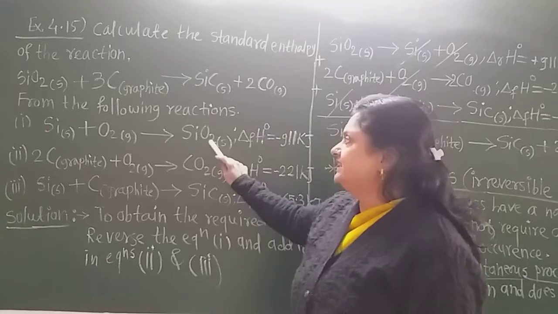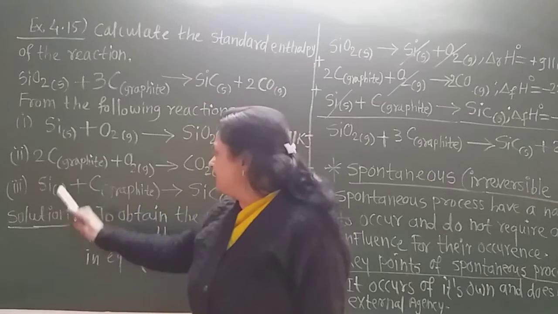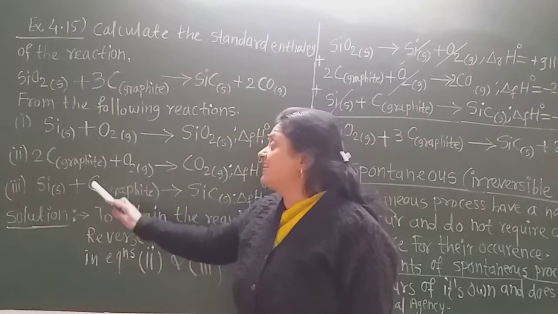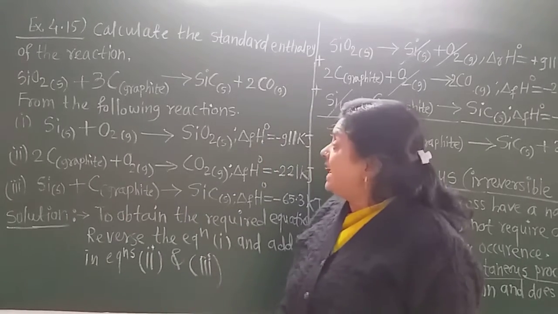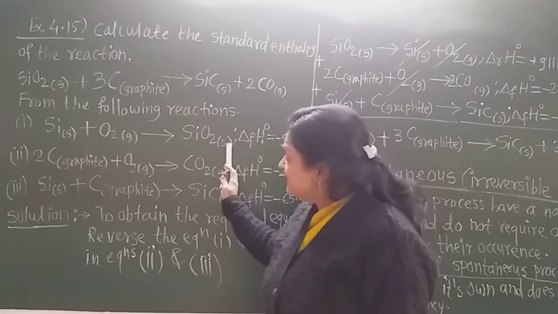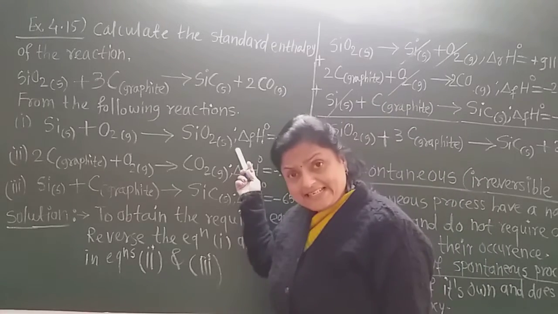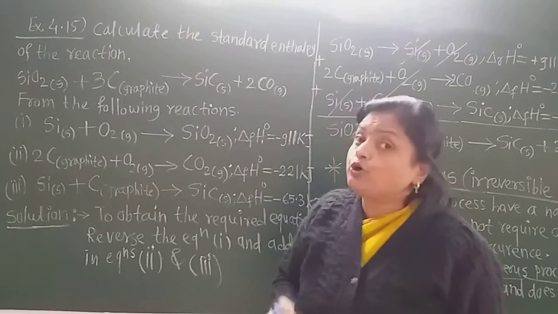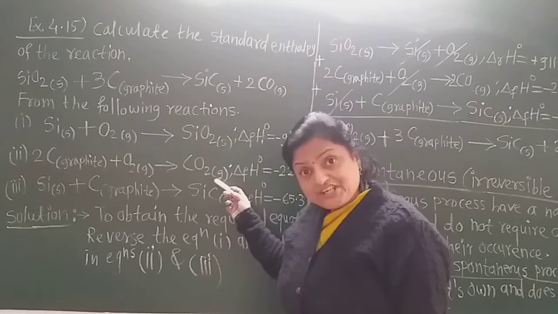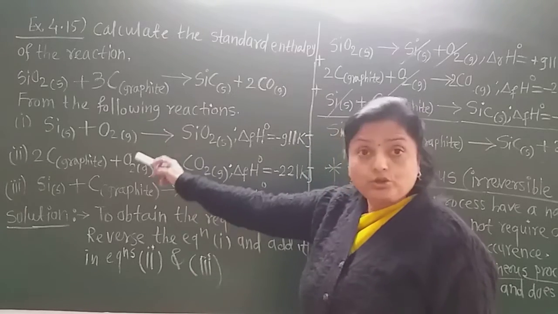SiO2 solid is in the first equation, and graphite is 2 in the second and 1 in the third. That means we have to add the second and third equations and reverse the first equation so that SiO2 goes to the left hand side. That means after reversing the first equation, we add the reversed equation, the second equation and the third equation. Then we obtain the reactants on the left hand side.